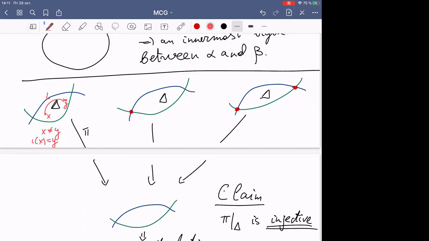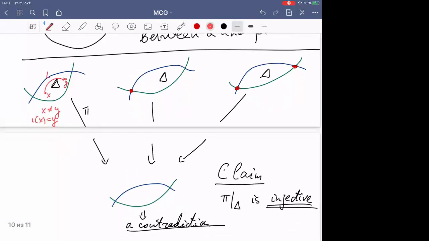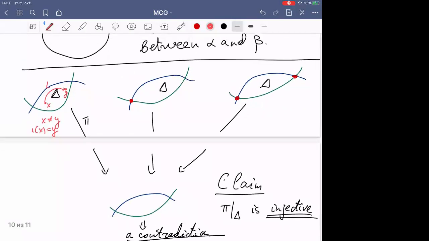If x is a fixed point, then y is equal to x, and this doesn't contradict injectivity. In the first case, it could be that x and y are intersection points.